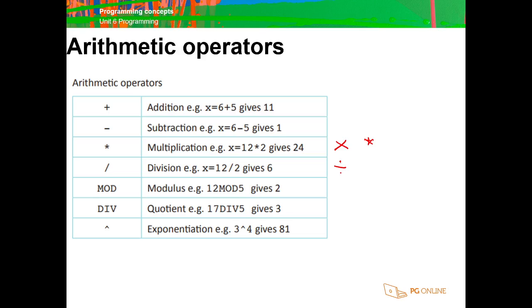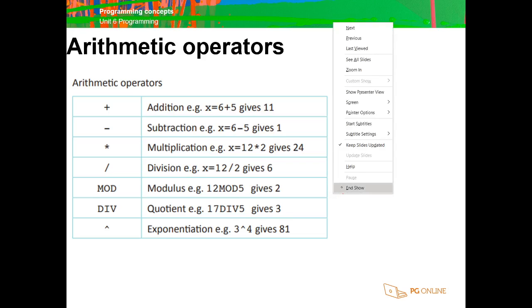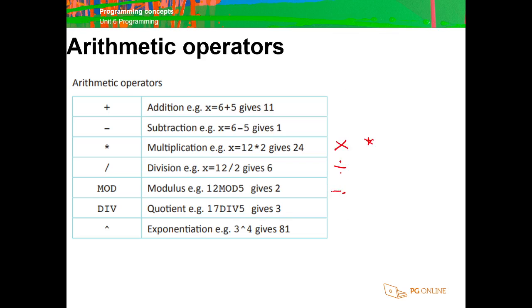Okay, so modulus is what's called modular division. It tells you the remainder. So when you're using the mod, you're taking the first number, something mod something, and it tells you the remainder after you divide that by that.